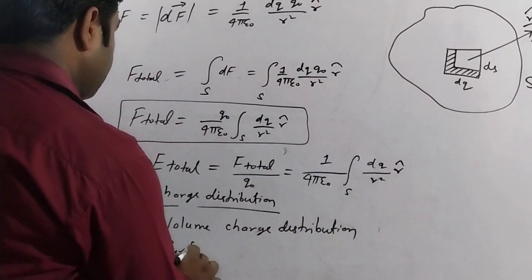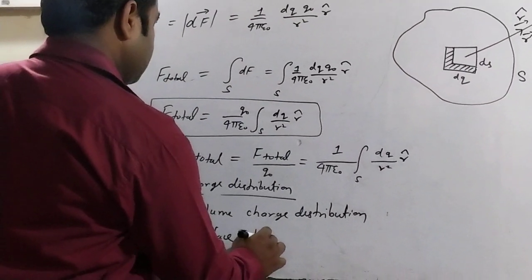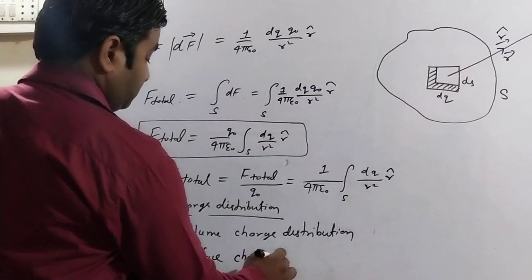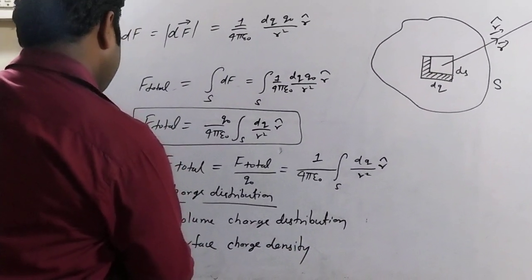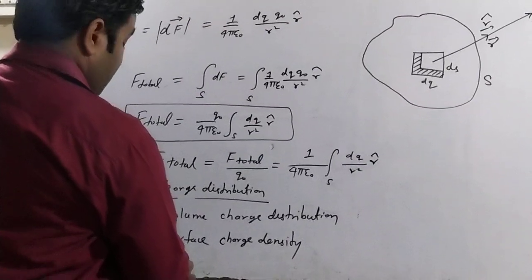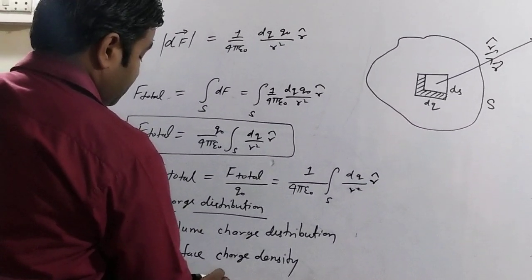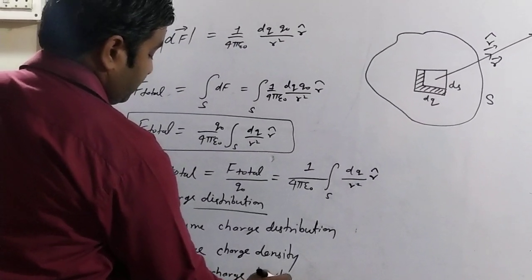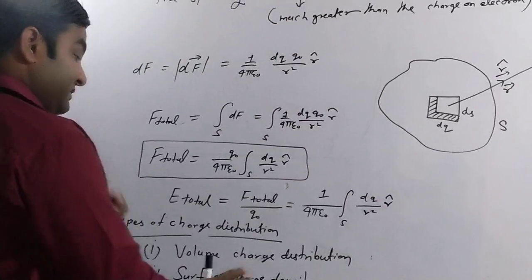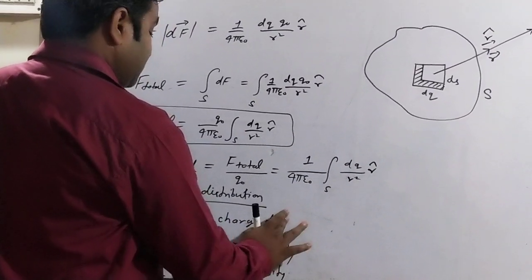Surface charge density, and number third, linear charge density. Whenever density is calculated, then distribution is also calculated. Then in each term we will calculate what?